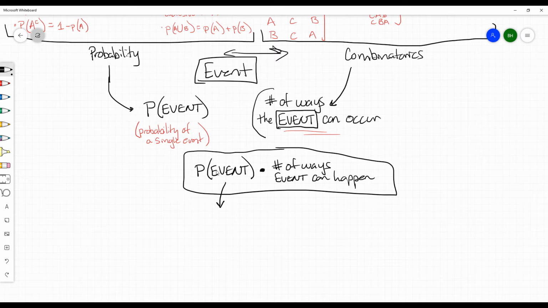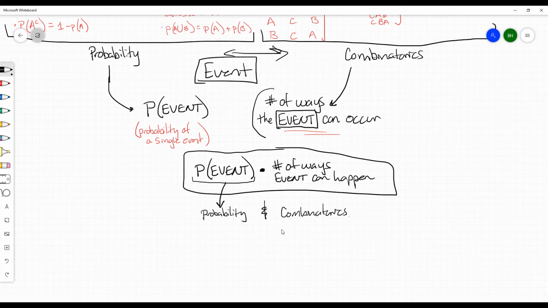Let's say we have the probability of some event. You can use any of the rules to calculate the probability. And we're looking at the ways that it can happen. This is actually the combinatorics piece of it, probability and combinatorics.